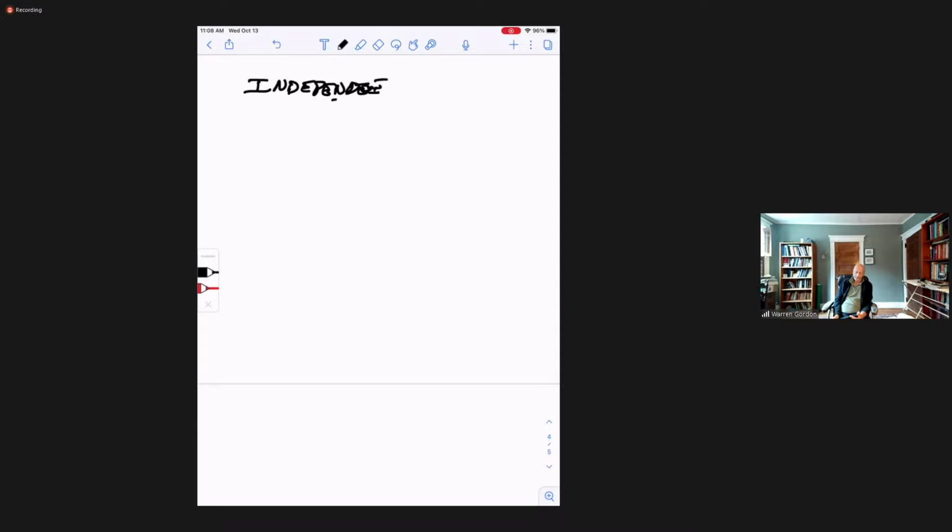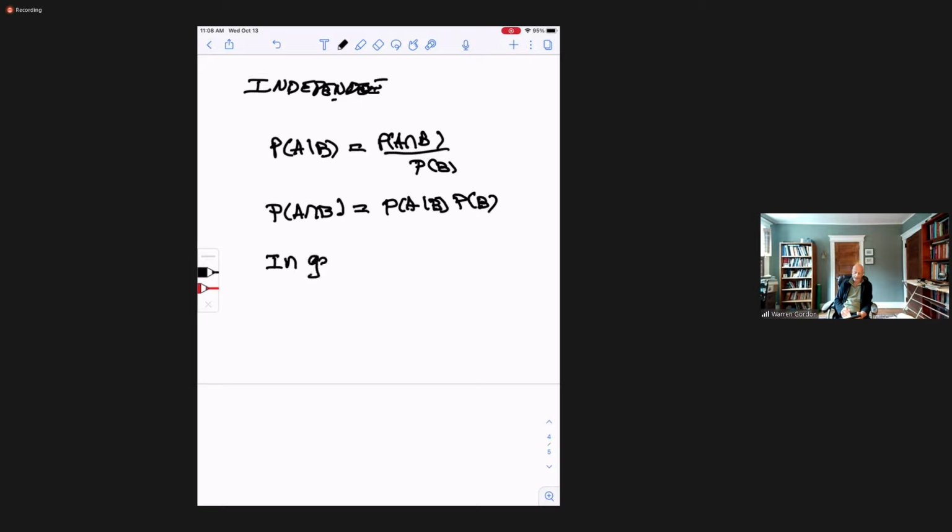Now, we know from the conditional formula or simply from the multiplication principle, which is we cross multiply, that P of A and B equals P of A given B times P of B. So notice in general, and I write this because it's so important, and some of you made the mistake on the first exam, P of A intersection B is not equal to P of A times P of B. It's not equal. In fact, it's equal to a conditional probability times P of B.